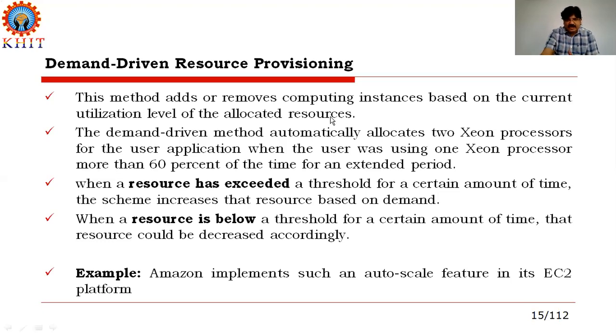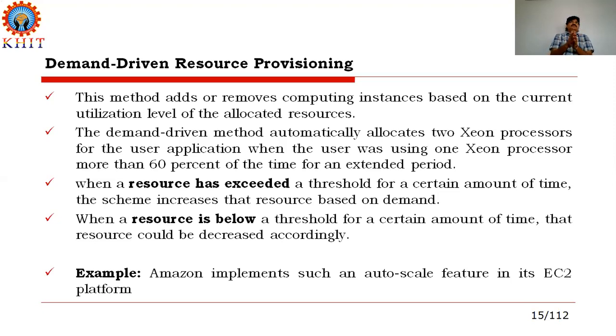That means it will automatically allocate two Xeon processors for the user application when the user has been using one processor more than 60 percent of the time for an extended period. So finally, we add another processor when the processor is running at 60 percent load.